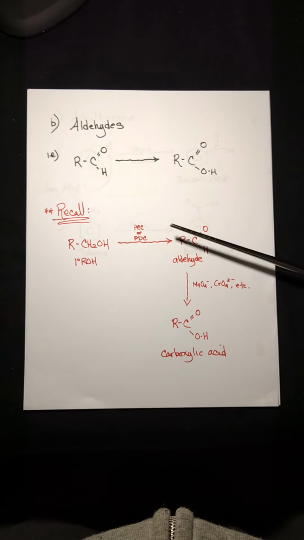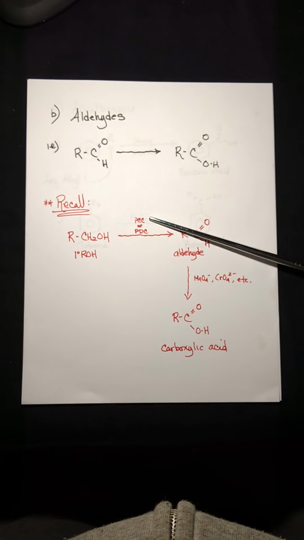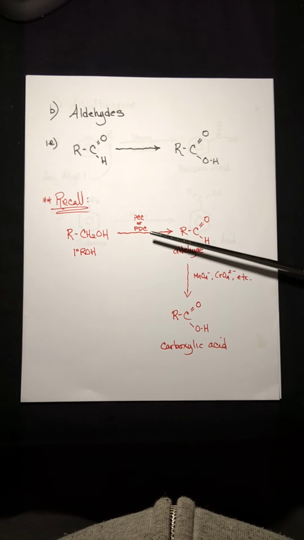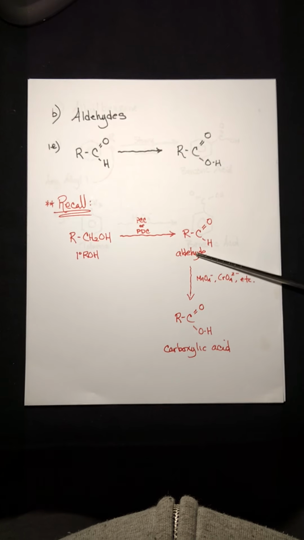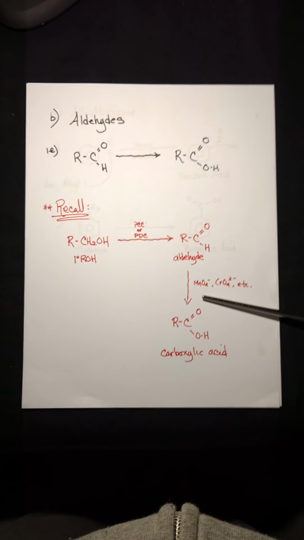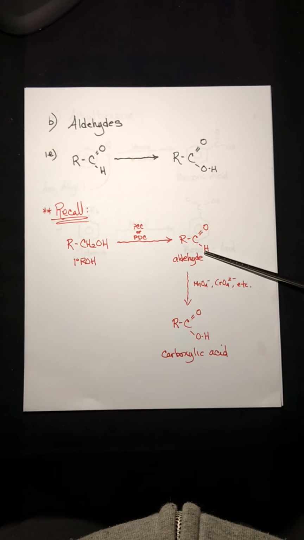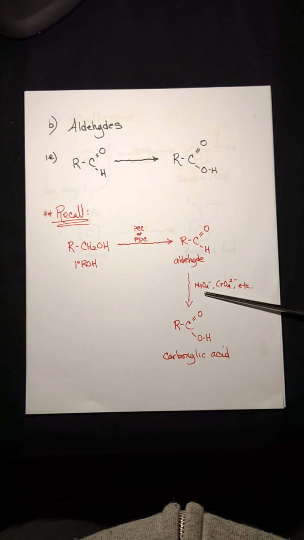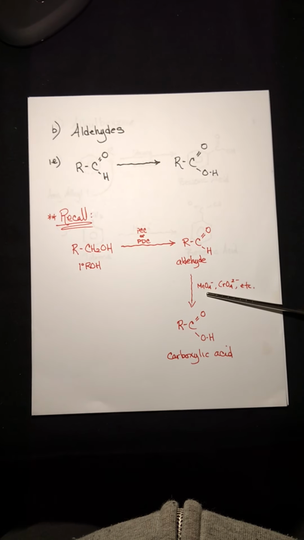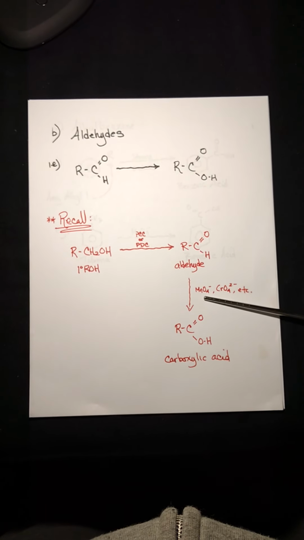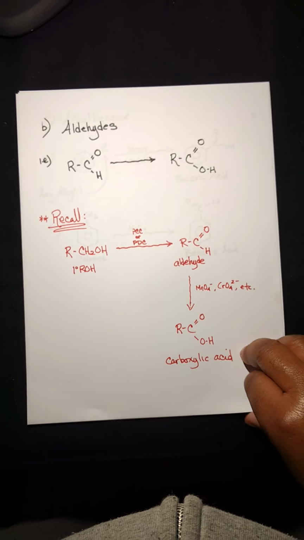To make an aldehyde, if you recall, we would use a lesser oxidizing agent such as pyridinium chlorochromate or pyridinium dichromate to get the aldehyde. All we're doing is continuing the oxidative process. So if we take our aldehyde and treat it with the same strong oxidizing agents that we used with the primary alcohol, then we can go straight to a carboxylic acid from the aldehyde.